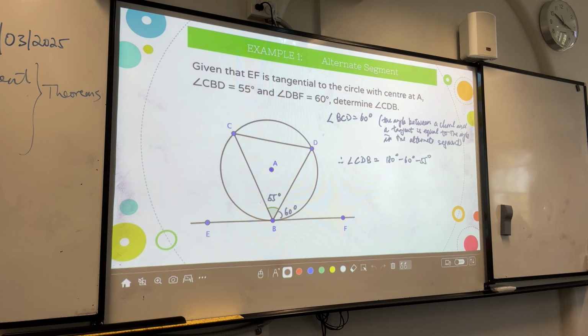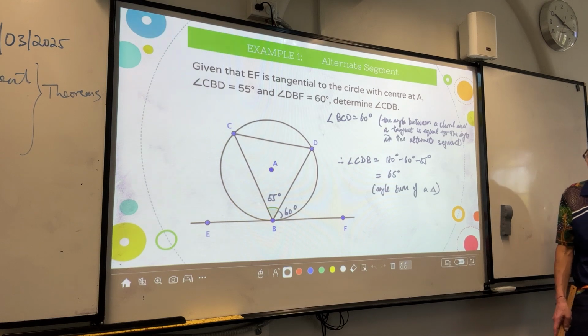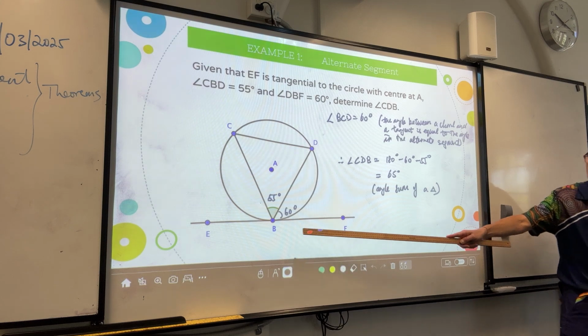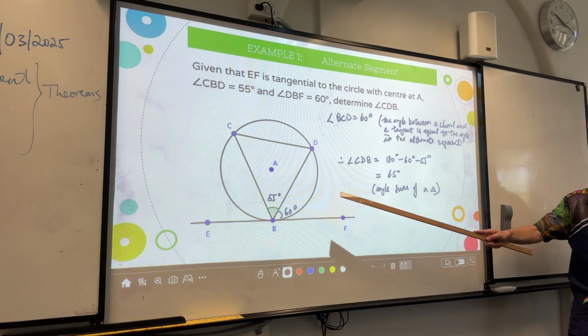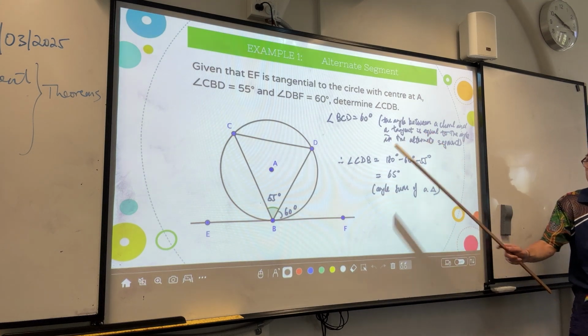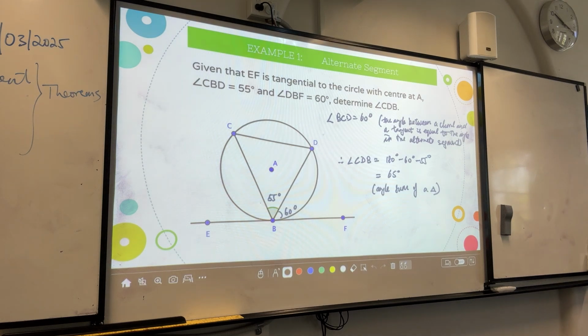Finally, CDB is 180 minus 60 minus 55 degrees, which is 65, by the angle sum of a triangle. Or the other way of doing it is to use this line. You know that EBF is a straight line, it's a tangent, so this is 180 degrees. Work this angle out and then use the alternate segment theorem. That's fine as well. There are many ways of doing things, two or three ways, as long as it's logical and it makes sense to me, you'll be fine. Pretty straightforward, this one. Let's try the next one.